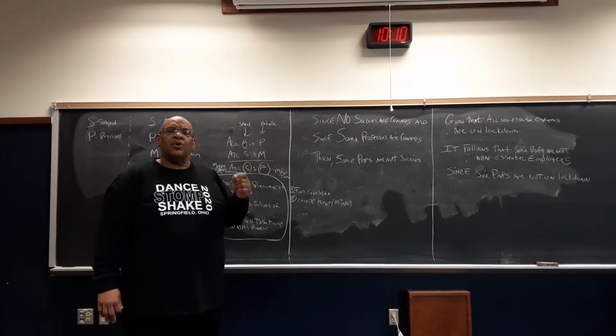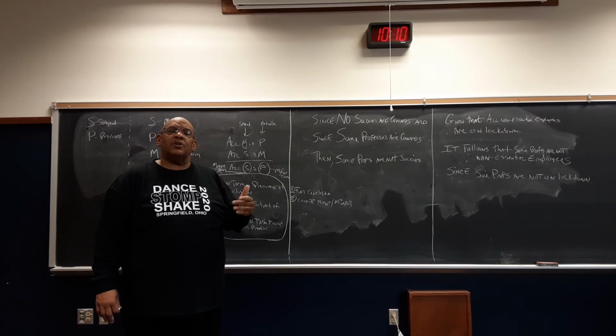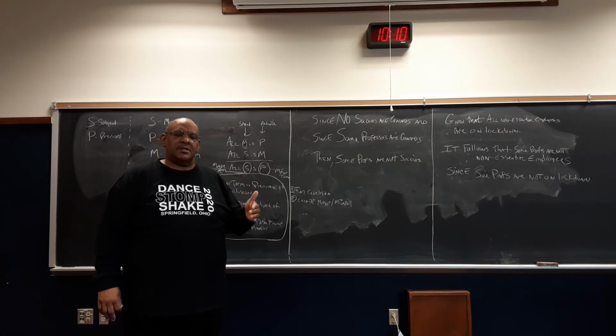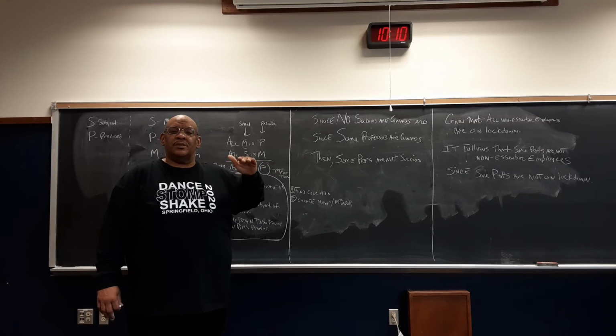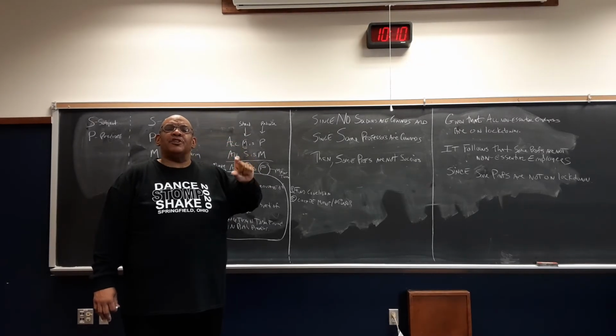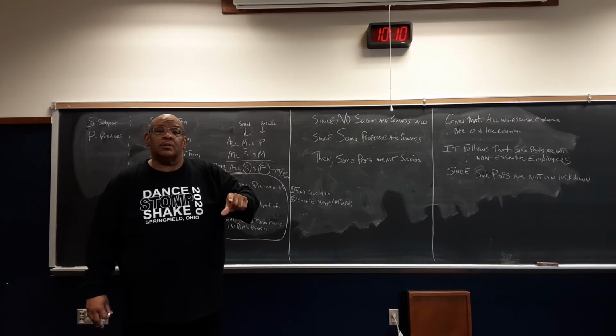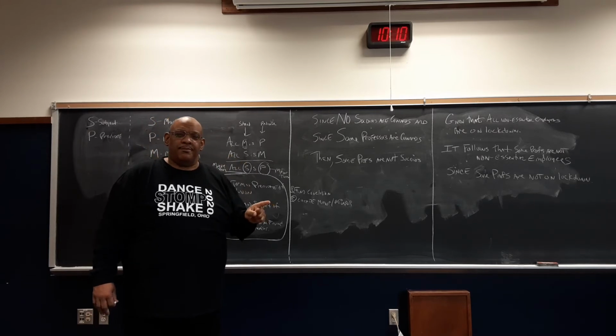For here, we start on the bottom because the conclusion is on the bottom of the syllogism, and now the other premises have the term that's in the conclusion and another term.